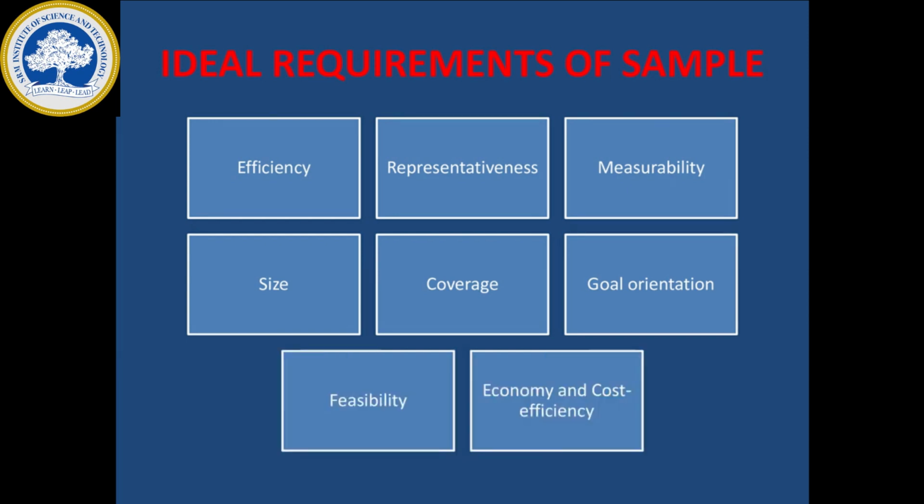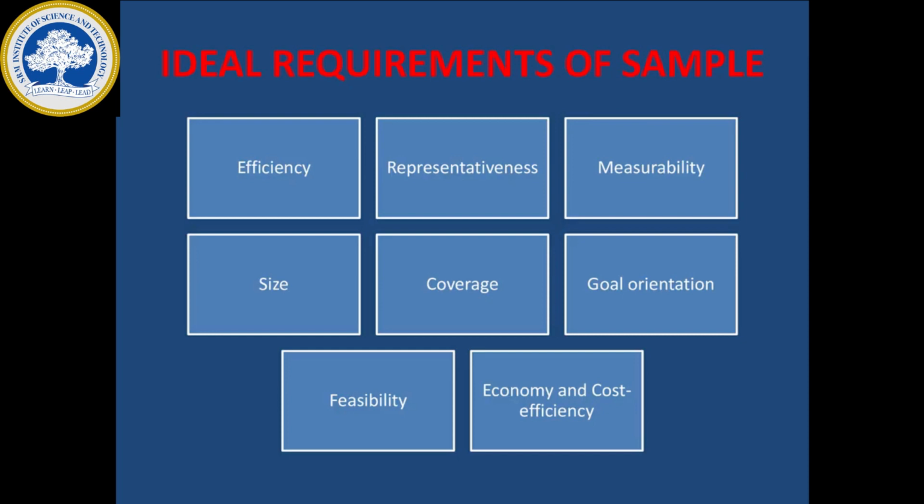Economy and cost efficiency. The sample design should be such that it yields the desired information with appropriate saving in time and cost and with the least sampling error. For example, you find a treatment intervention which is very cheap. For example, you find a filling for a posterior tooth which is very strong and efficient, with good restorative capacity for almost 5 years at a very minimal cost.